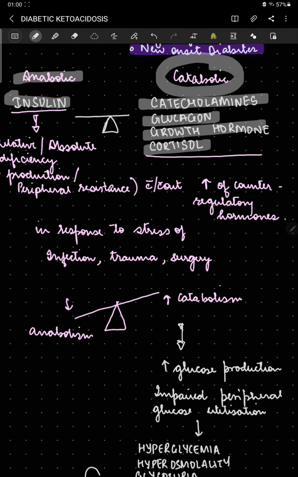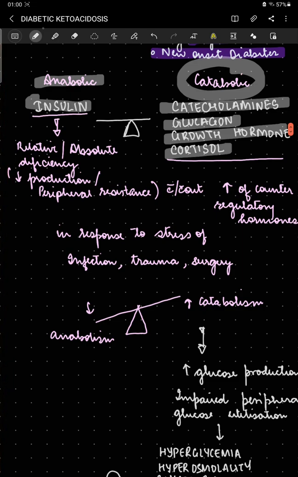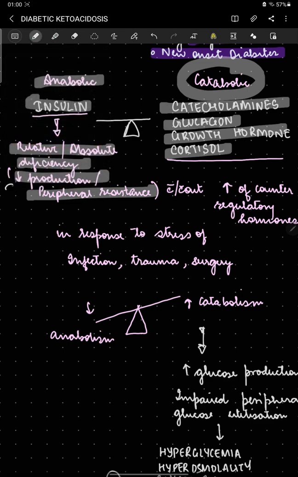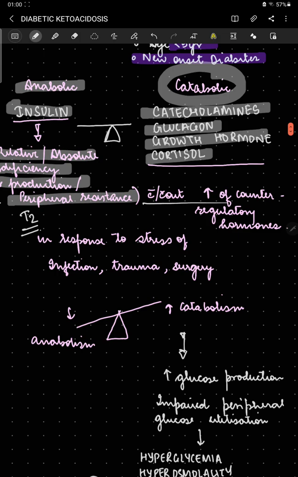What happens in DKA or type 1 diabetes is that there is relative or absolute deficiency of insulin, right? In type 1 there is decreased production, and in type 2 there is peripheral resistance. So this is absolute deficiency, this is relative deficiency, with or without an increase in the counter regulatory hormones.